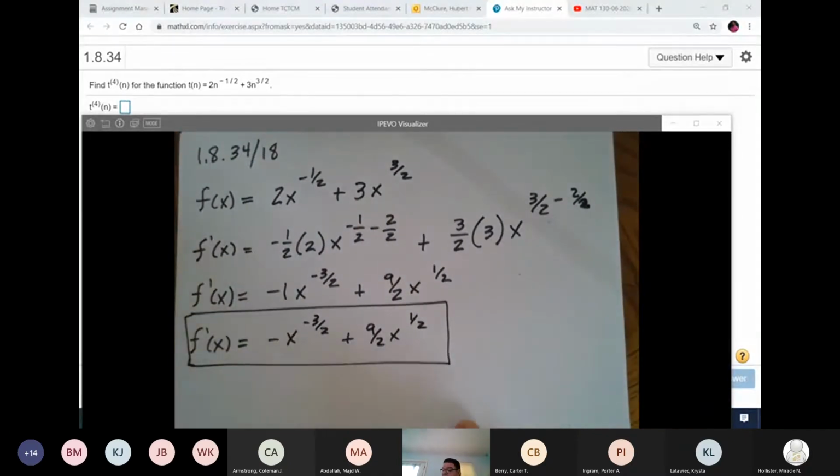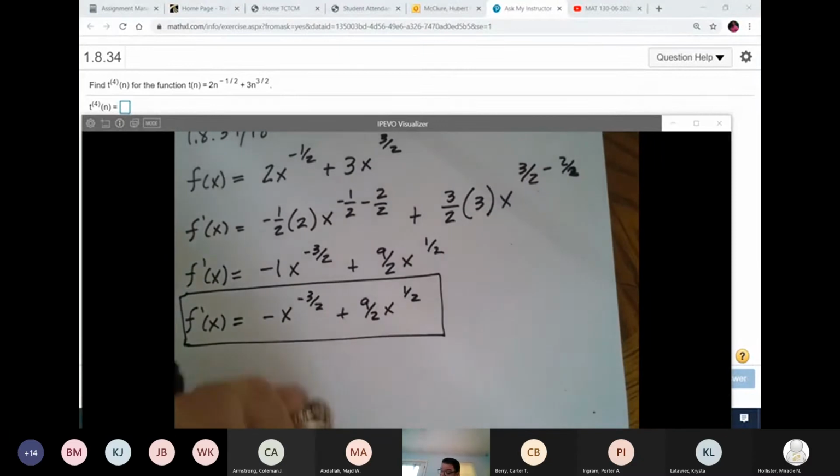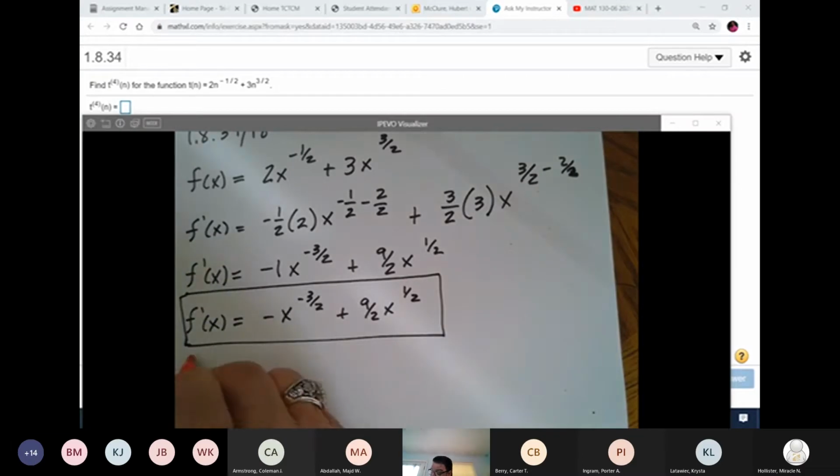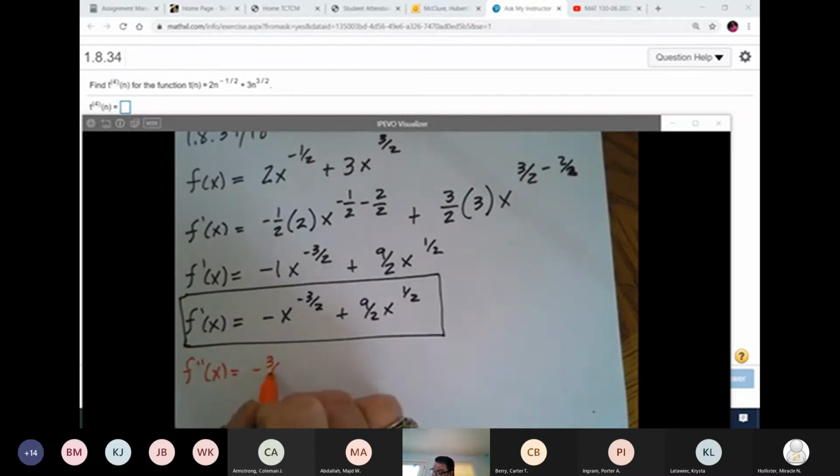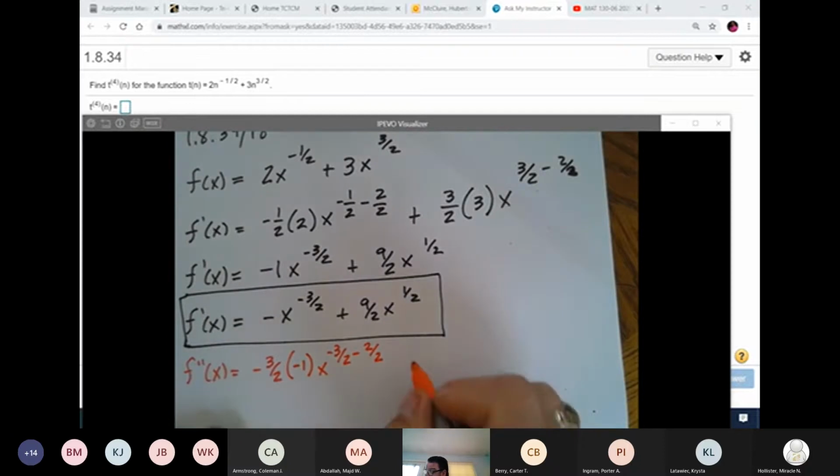Now let's go for the second derivative. I'm going to do the second derivative in another color just to freak y'all out. F double prime of x is equal to -3/2 times -1 x to the -3/2 minus 2/2 plus.